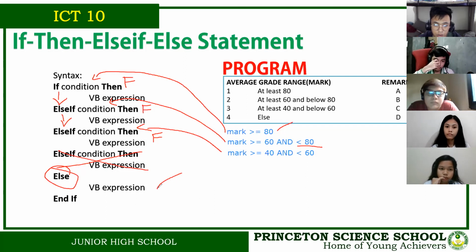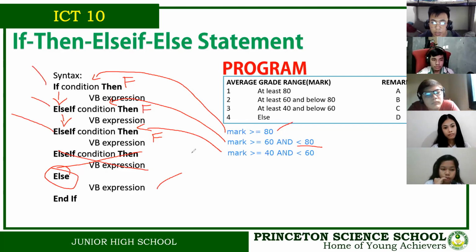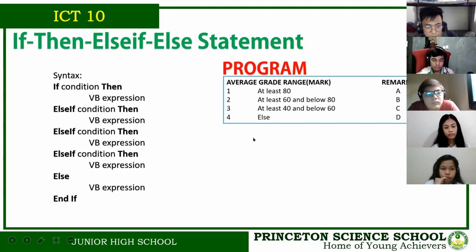So this is your last resort as your answer, if all of these expressions or conditions were not met. Okay, so any questions here? That is just deriving our conditions for this program.